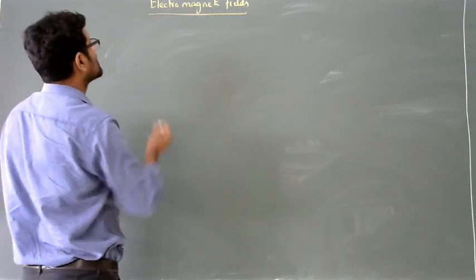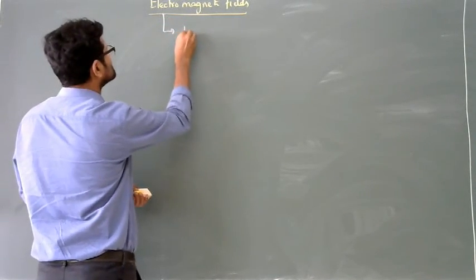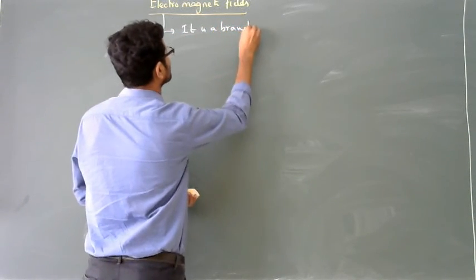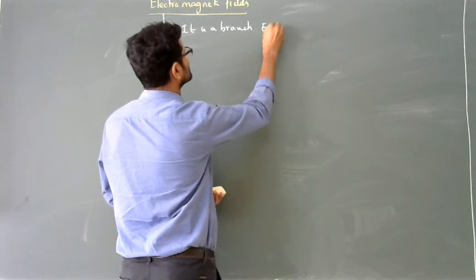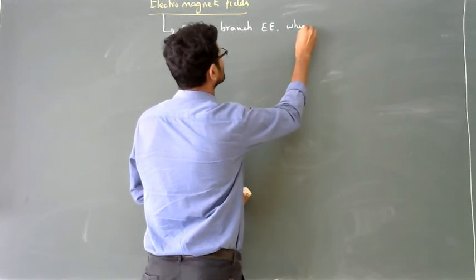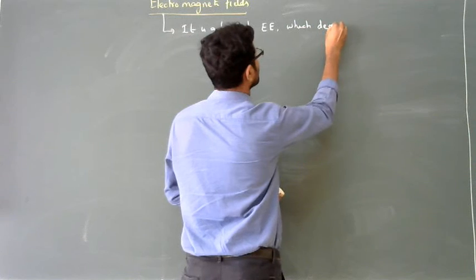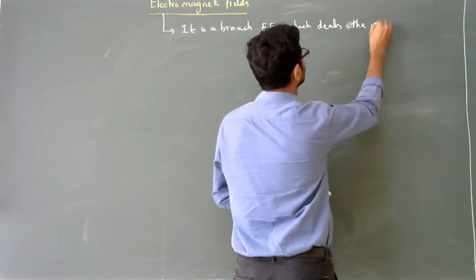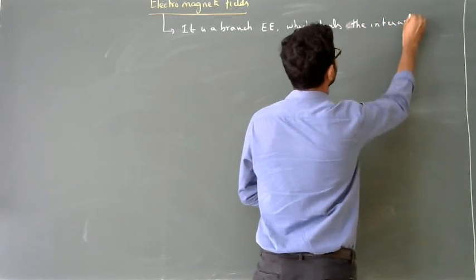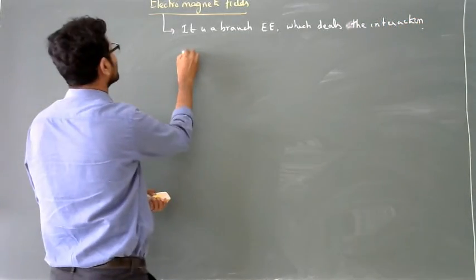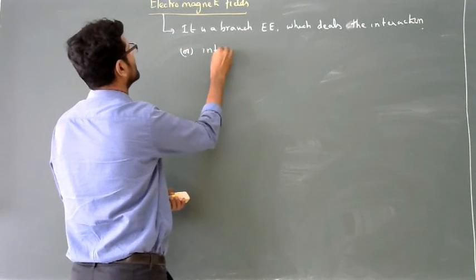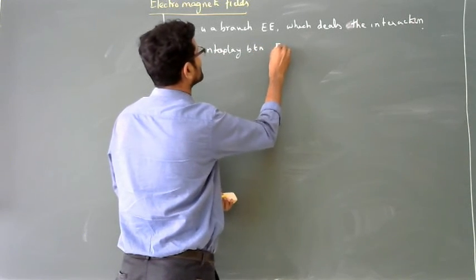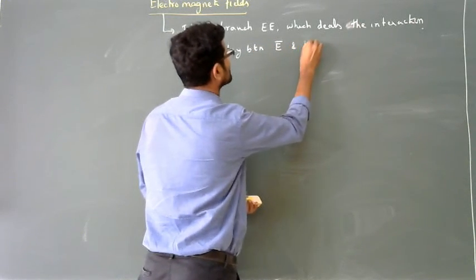Now come to the definition of electromagnetic field. It is a branch of electrical engineering which deals with the interaction or interplay between electric field and magnetic field.